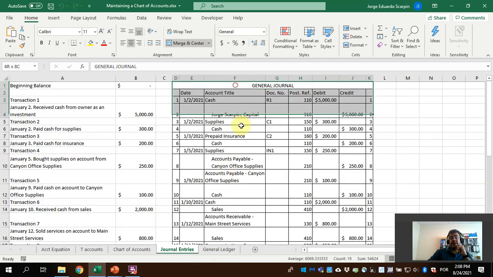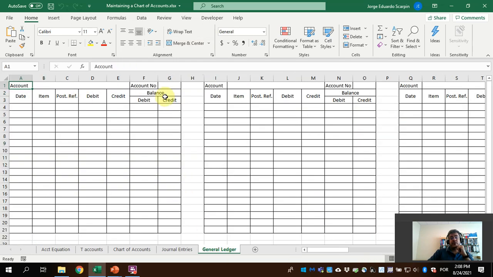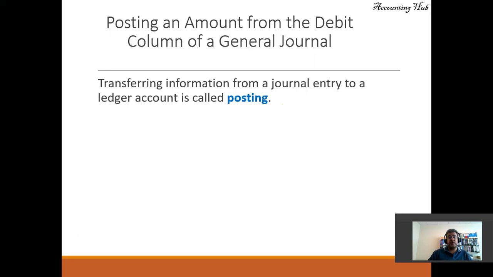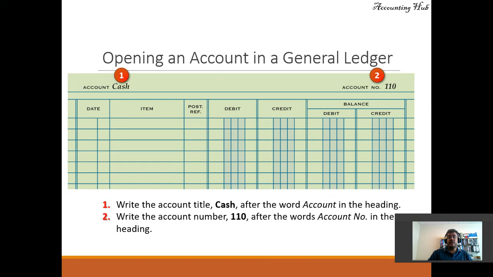The general journal is chronological, sorted by date. Here we will open one for each account. I think we are working with 10 accounts, so we have 10 general ledgers here. Okay, so we have here 10 accounts in our general ledger.